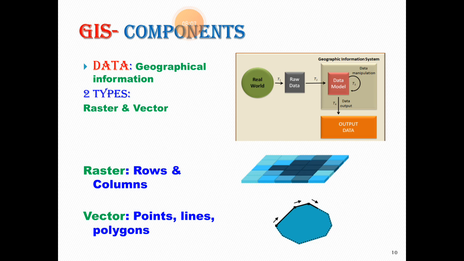It is widely used to represent the land cover, temperature data, imagery data, etc. Whereas the vector data or layer data is in the form of points or lines or polygons. It is used to represent the administrative boundaries of a given geographical area. You can visualize the data types, namely raster in the form of rows and columns, and vectors in the form of points and polygons, as represented in this slide here.